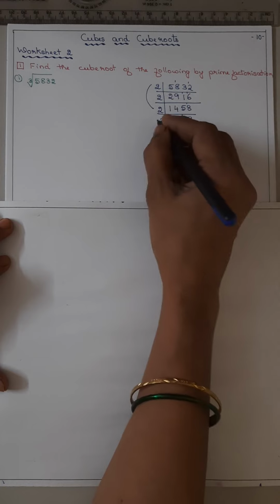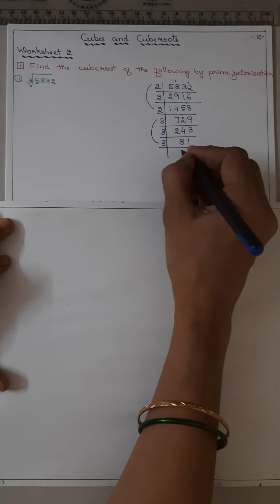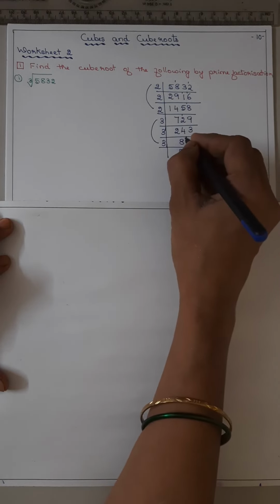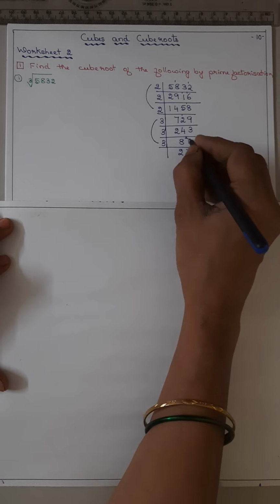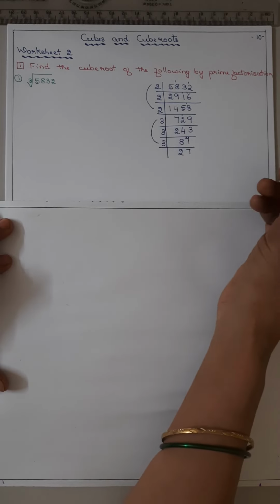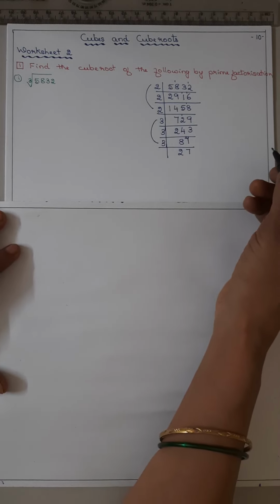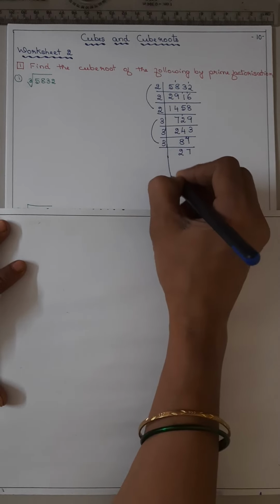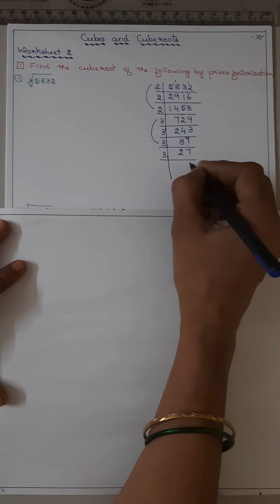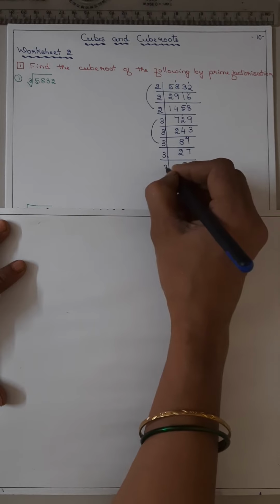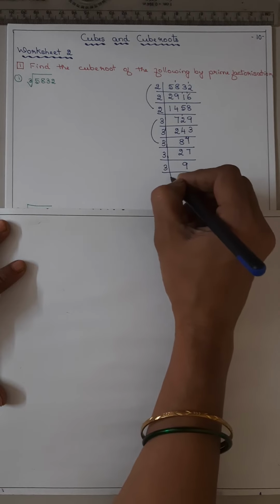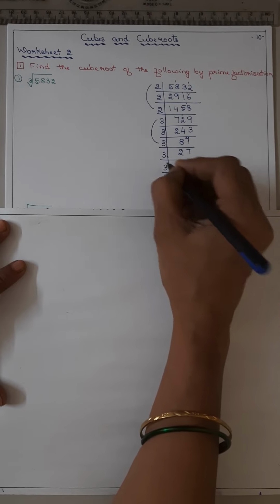Now 3 2s are 6, 2 remains, 3 7s are 21. Isn't it? Now 3 9s are 27, 3 3s are 9, 3 1s are 3.